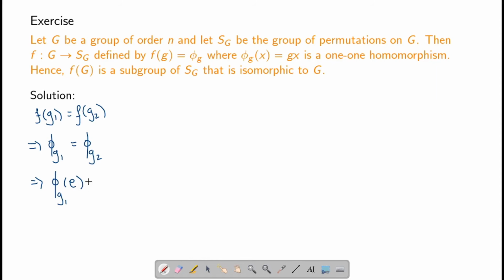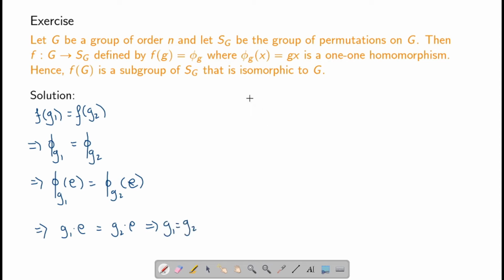So phi_{g1} of the identity element will be phi_{g2} of the identity element, which would mean that g1 times e equals g2 times e. But that tells us that g1 is equal to g2.